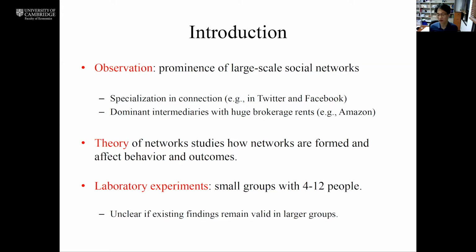Looking at the experimental literature, the typical experiments are with a very small group of people, ranging, let's say, from 4 to 12 people. So in this sense, there is a gap between the large-scale networks we observe in the real world and the size of the groups in lab experiments.